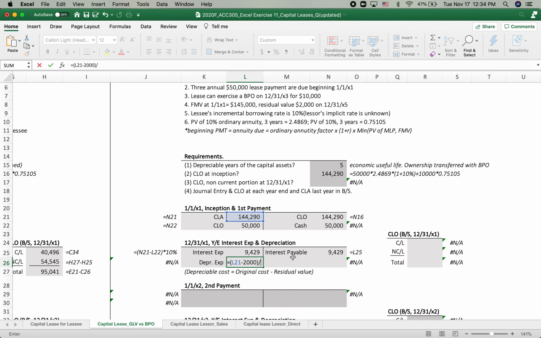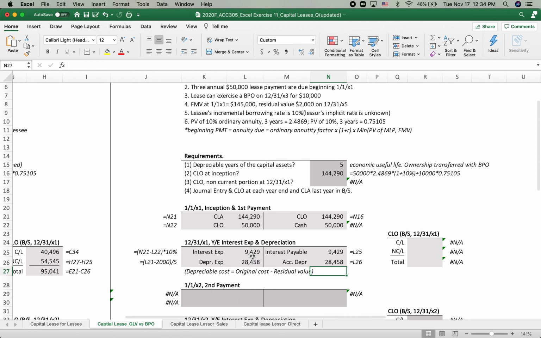That means the company exercises the bargain purchase option at the end of the lease term. So divided by 5, 28,458 is going to be the depreciation expense. We will reduce the value of this capital lease asset by recognizing accumulated depreciation.